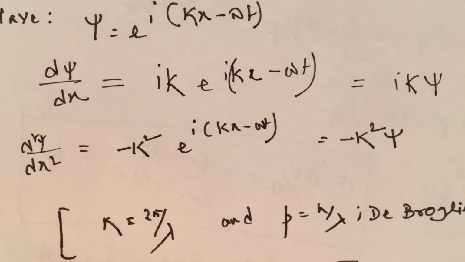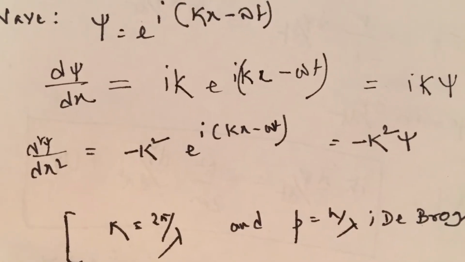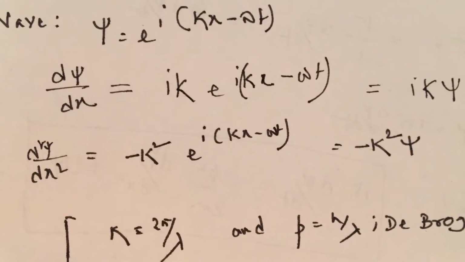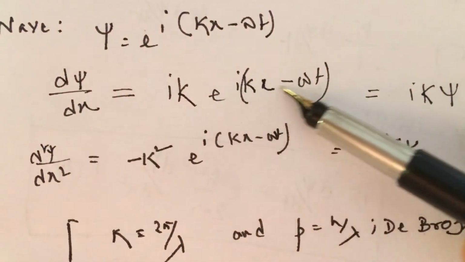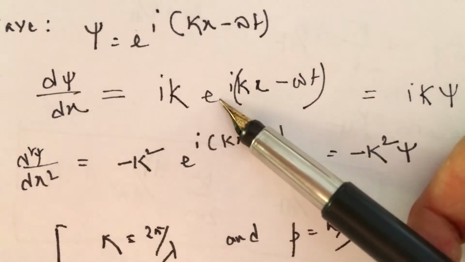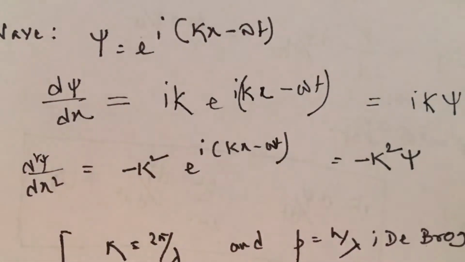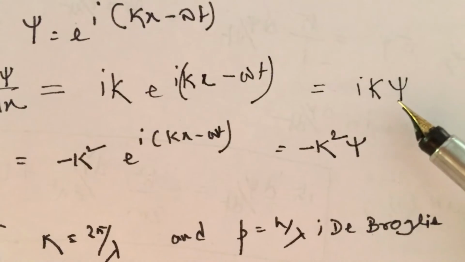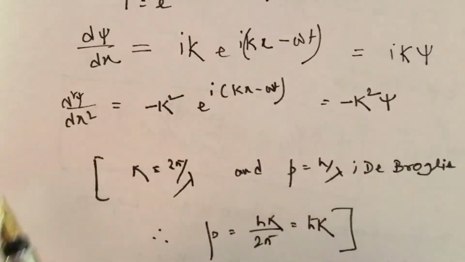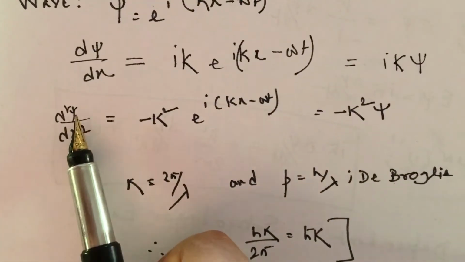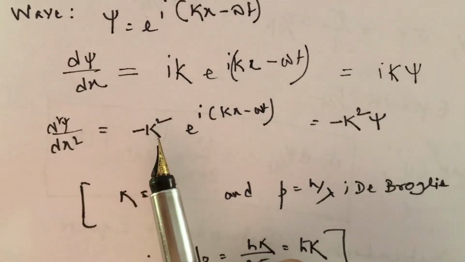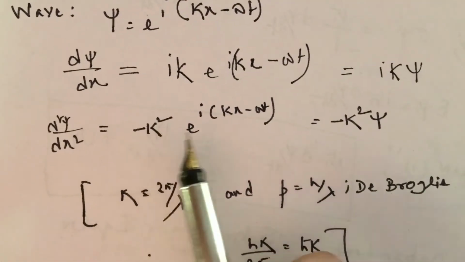If we differentiate this wave equation with respect to the position x, we get ik e to the power i(kx minus omega t). So instead of e to the power i(kx minus omega t), we can put psi. So d psi dx is equal to ik psi. If we take the derivative again, we get d2 psi dx square equal to minus k square into psi.